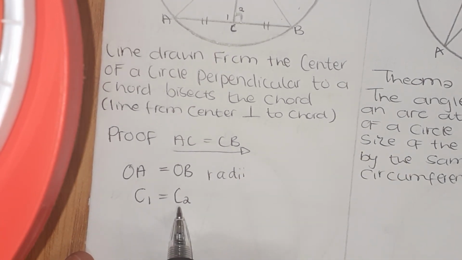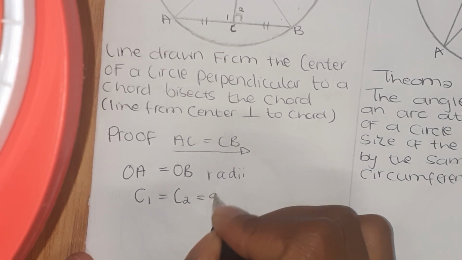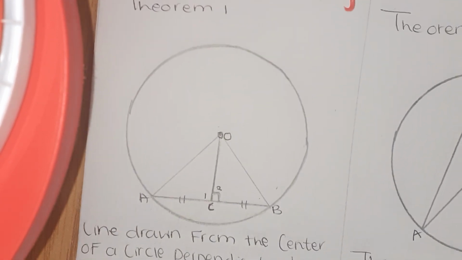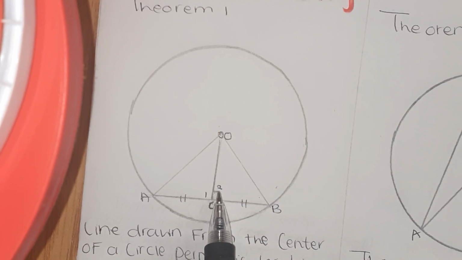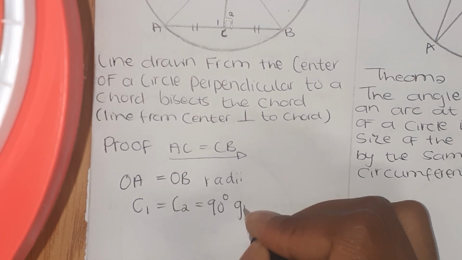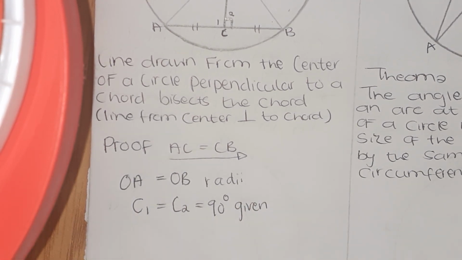So C1 equals to C2 equals to 90 degrees, right? And what do we say? It is given. They will give you this with that 90 degrees there. Whatever you are given in the exam, you just write it as given. Even in the question, they will write things already and tell you to prove. So the reason for those things that have already been explained to you by the examiner is that it's given.